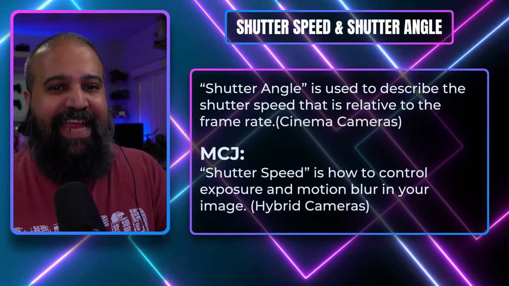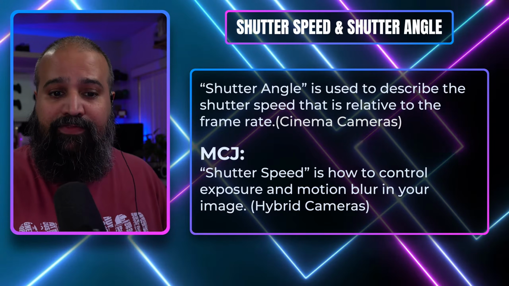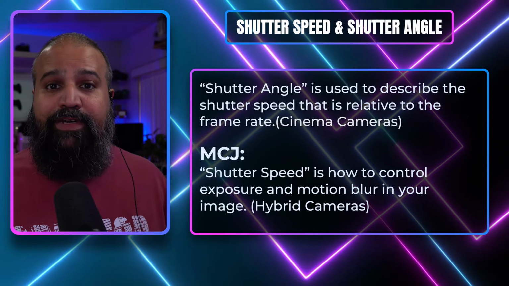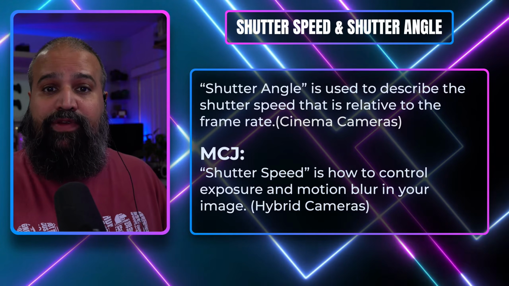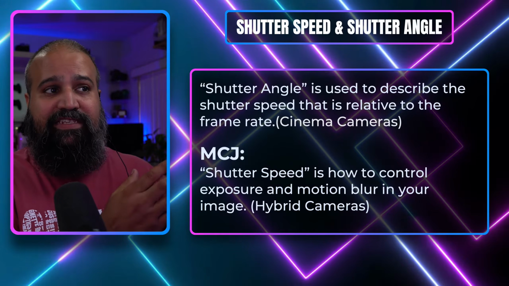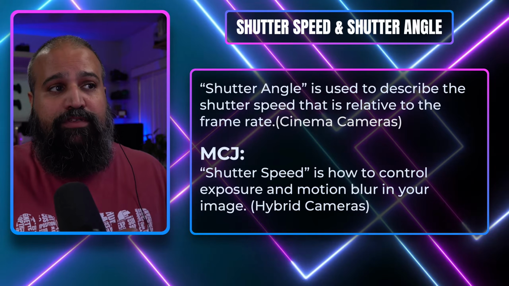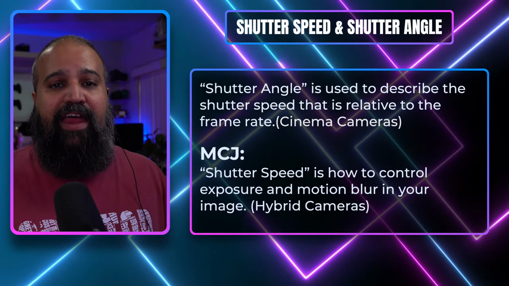Understanding these things can give a lot of room for creative liberties when creating films and different effects. But this is basically it: shutter speed is how you control exposure and motion blur in your image in hybrid cameras.